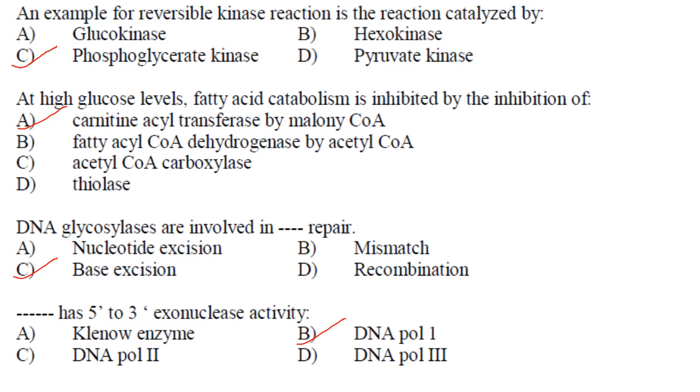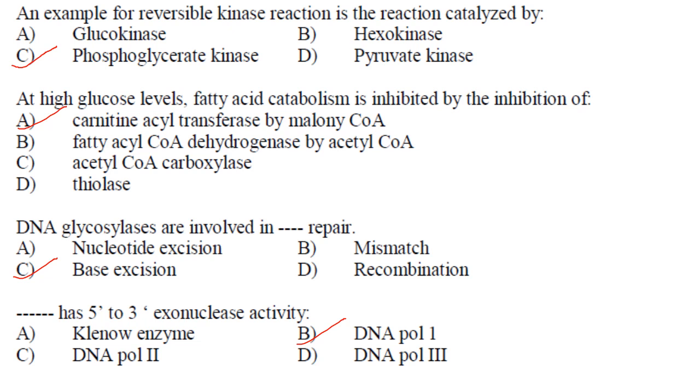And it is a reversible kinase reaction. Pyruvate kinase doesn't catalyze a reversible reaction. So the answer here is option C, that is phosphoglycerate kinase. All the enzymes are taken from glycolysis.